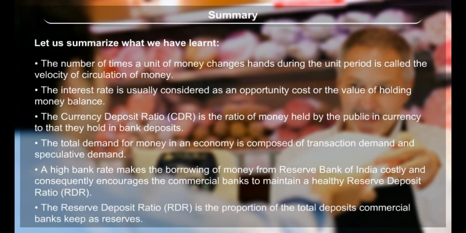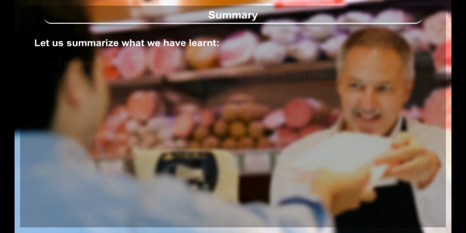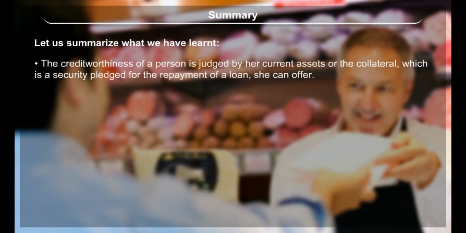The RDR is the proportion of the total deposits commercial banks keep as reserves. The creditworthiness of a person is judged by her current assets or the collateral, which is a security pledged for the repayment of a loan she can offer.